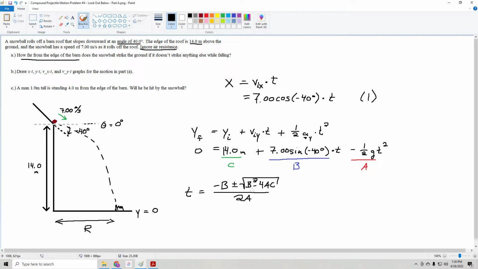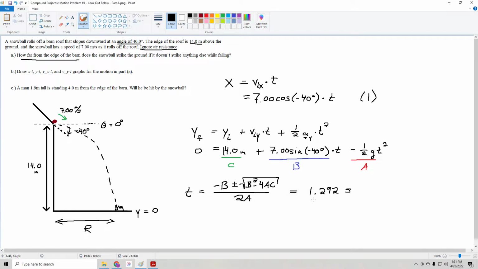I won't plug this in on the screen, but if you do so correctly on your calculator or what have you, you should get the following positive time, something around 1.292 seconds. You will also get a negative time. It doesn't matter what it is because we're not going to use it. It doesn't apply to this situation.